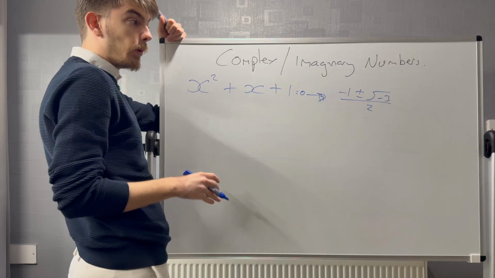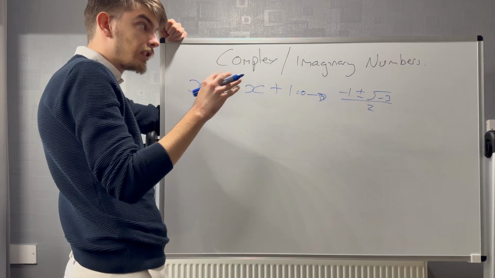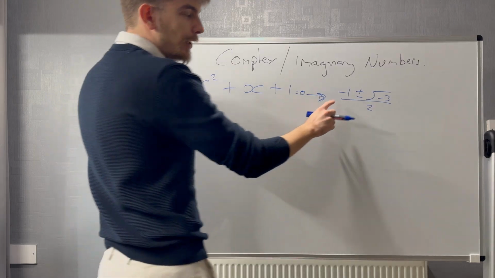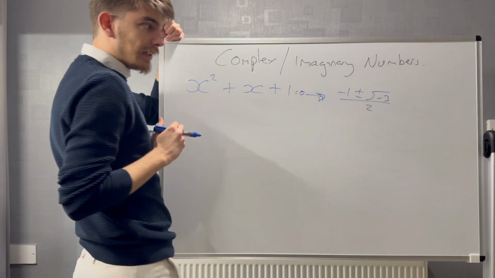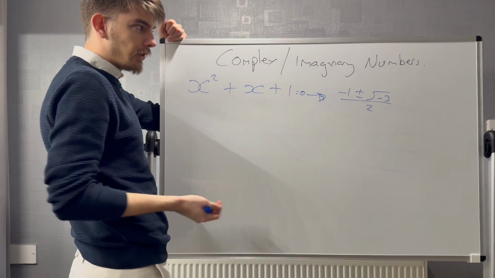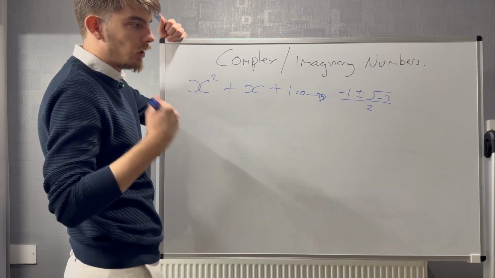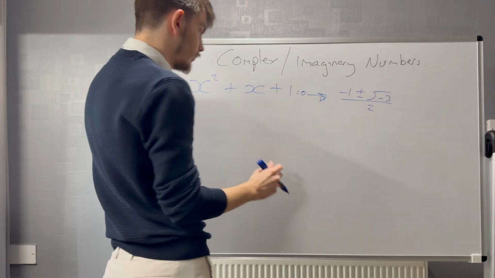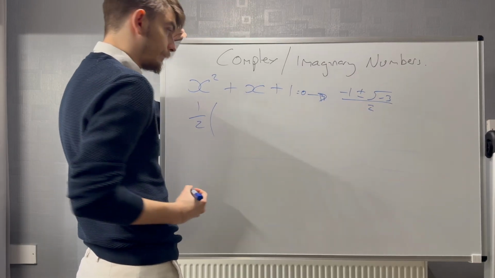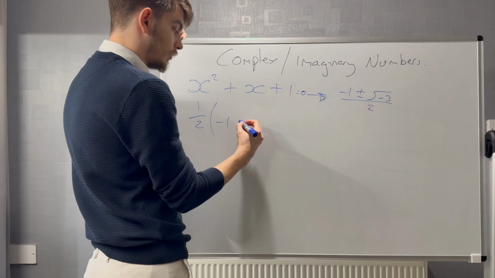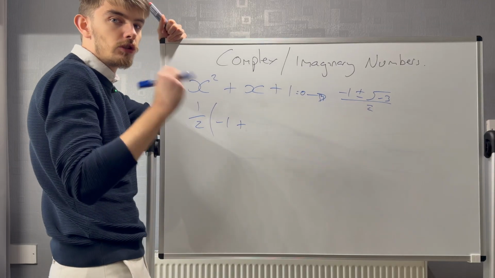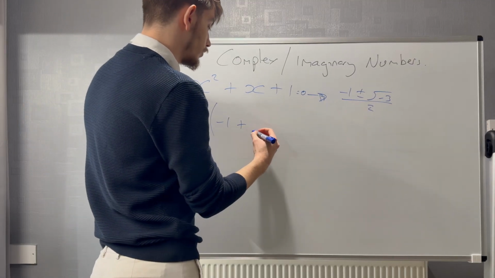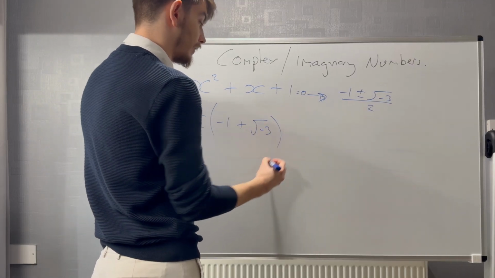Well, I now know that we're no longer calling this a maths error, we're calling this an opportunity. Okay. I'm going to expand this out in the same way I just did, get rid of the negative square root, replace it with an i. So I'm going to split the 1 over 2 out. So I have a half, minus 1, let's just do the plus for now. Obviously we've got to do both plus and minus, but the plus for now, root minus 3.